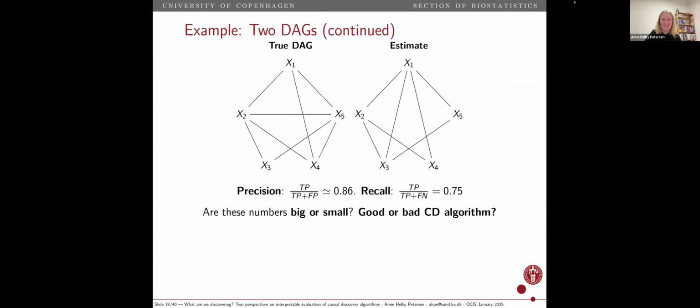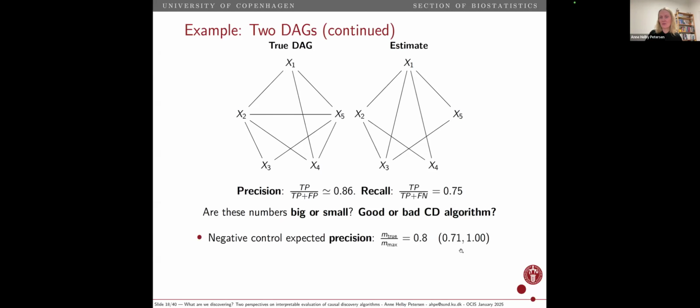I will also return now to the example we saw just before. We wanted to know if these numbers are big, are they small? In the small 5-node DAG example, let's see what we get from the negative controls. The expected precision on the random guessing is 0.8.